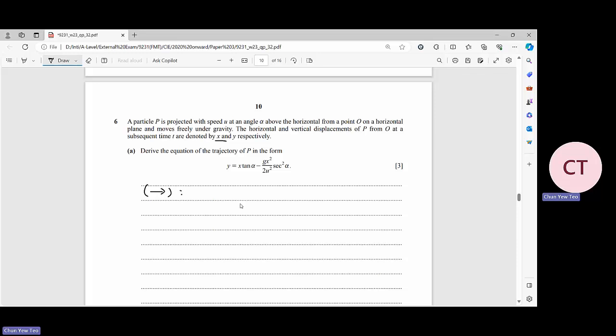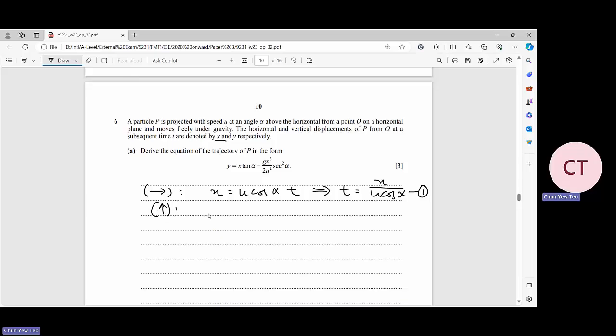We just need to find the horizontal displacement. It will be x equals u cos alpha t. Then from here, I change my t to become x over u cos alpha. That is the first equation.